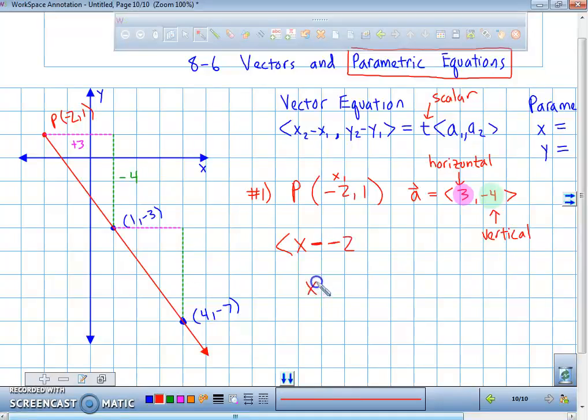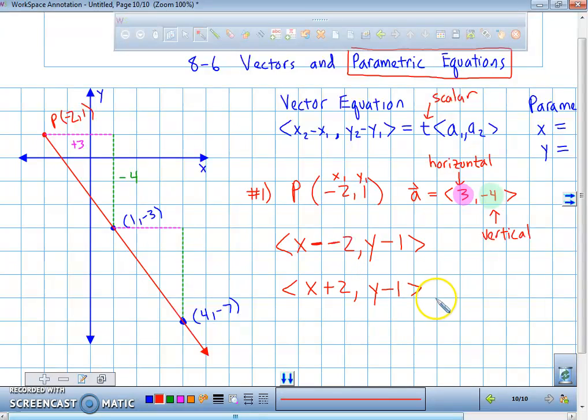It becomes x plus 2. That's your first component. Then we say y minus what's called y1, and our y1 is just a 1. And so you're left with just y minus 1. So when you have a negative, make sure you know that it will change to a positive. But if you just have a positive number, just plug it in and you're done.